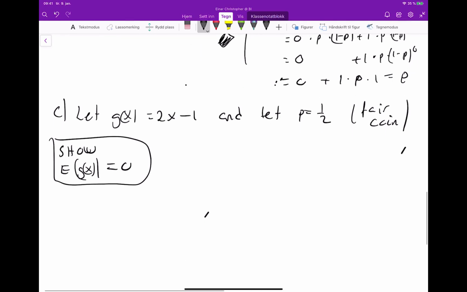Okay? Then we have to start with the expectation of g of x, which is equal to the sum, x equals 0 to 1, of g of x times f of x.